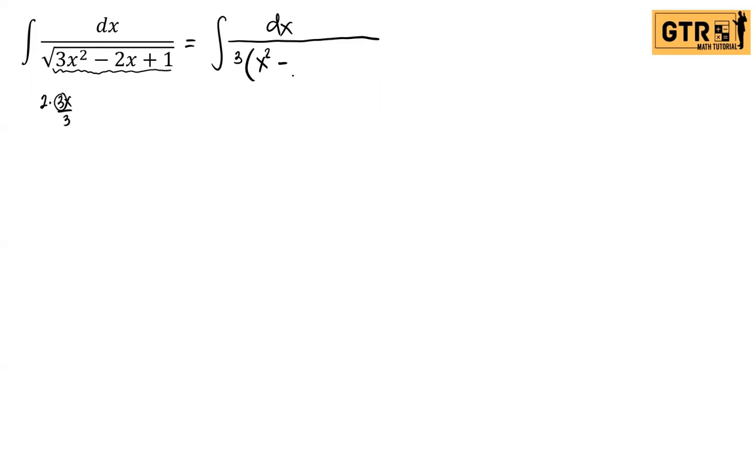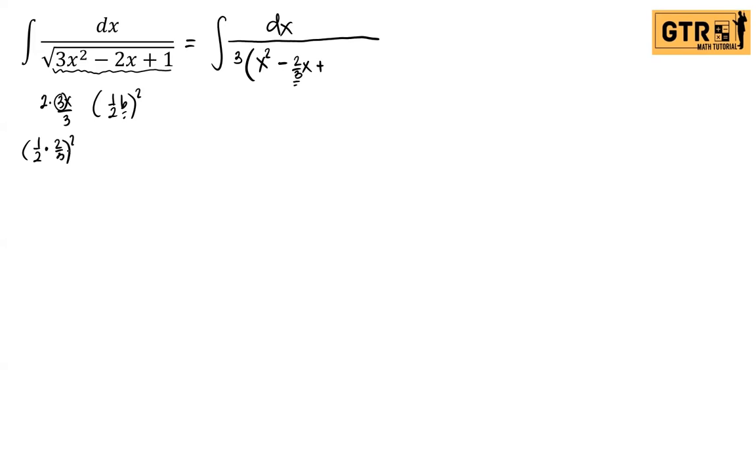Okay, so we have x squared minus 2/3 x. And then plus, in completing the square, we need to add 1/2 of b, squared, where b is the coefficient of x. The coefficient of x is 2/3.